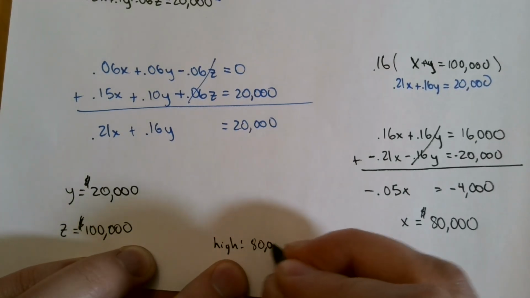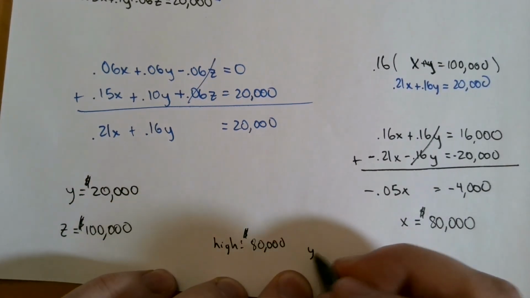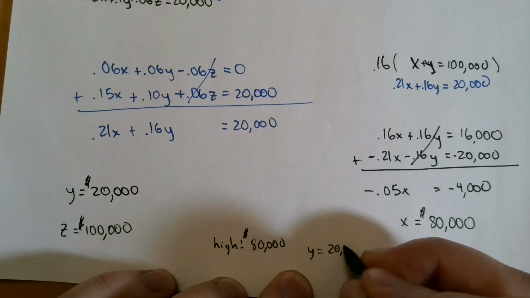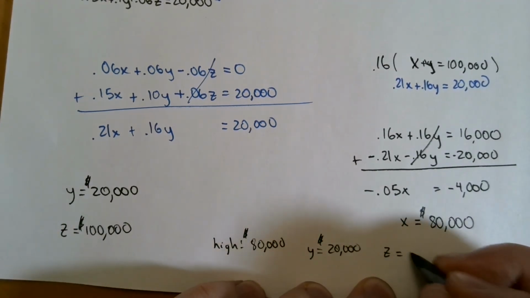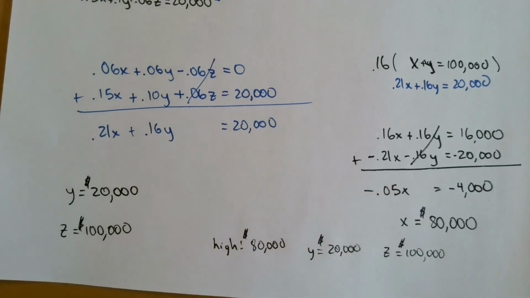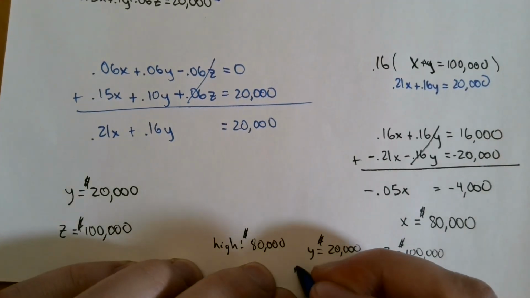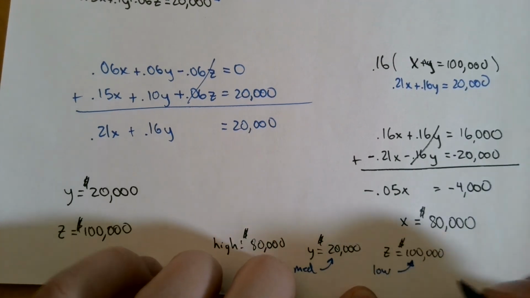We're going to put 80,000 in the high risk investment, 20,000 in the medium risk investment, and 100,000 in the low risk. Why did I put X and Y there? This is medium and this is low. That's what I meant to write.